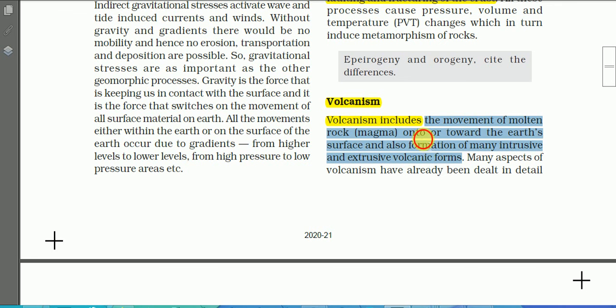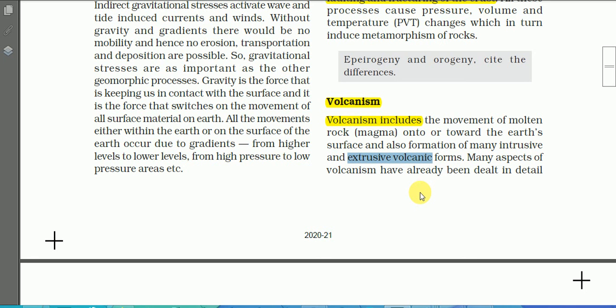Volcanism includes movement of molten magma on the earth surface or inside the earth, forming different landforms. If different forms are made inside the crust, we call them intrusive forms, and if different landforms are made on the surface of the earth, these are known as volcanic landforms. This we have discussed earlier.